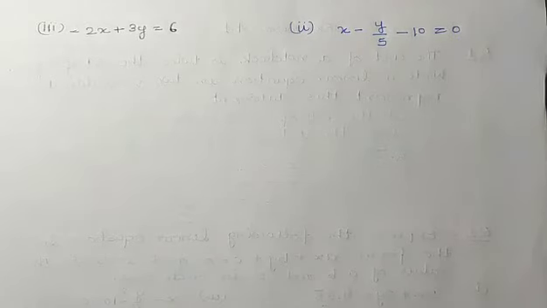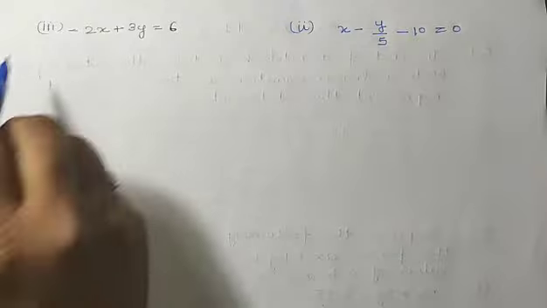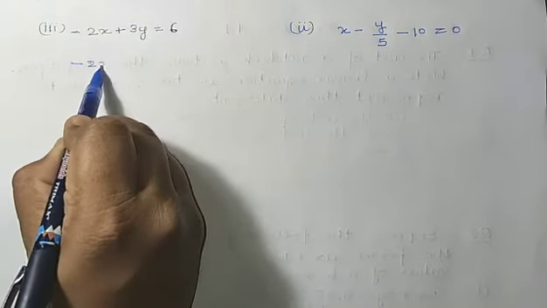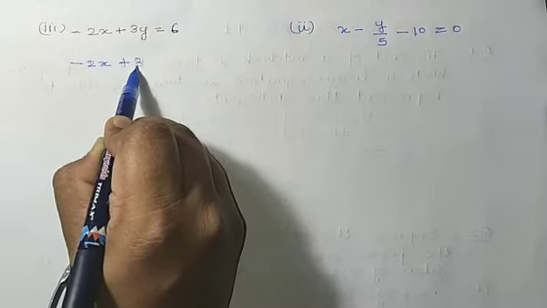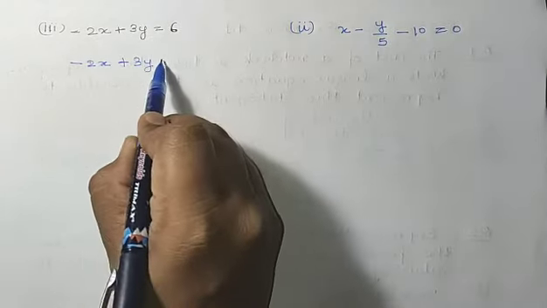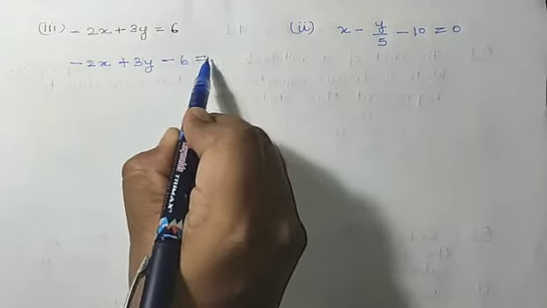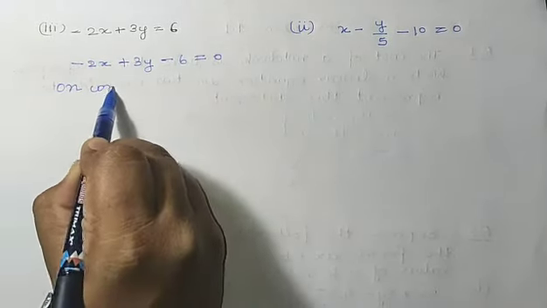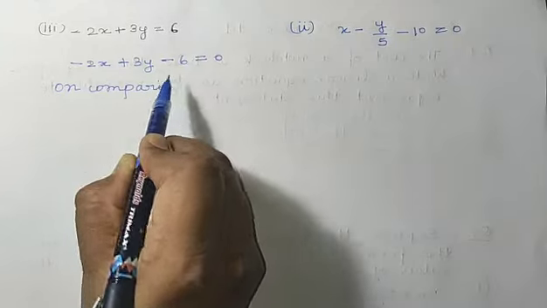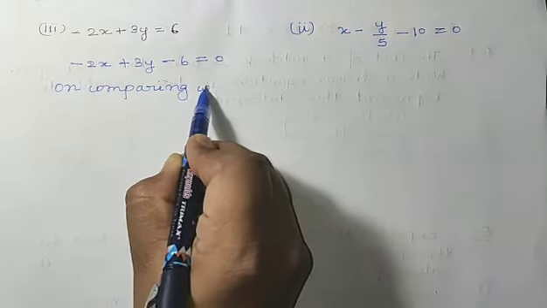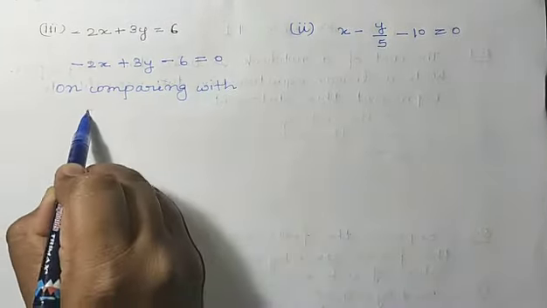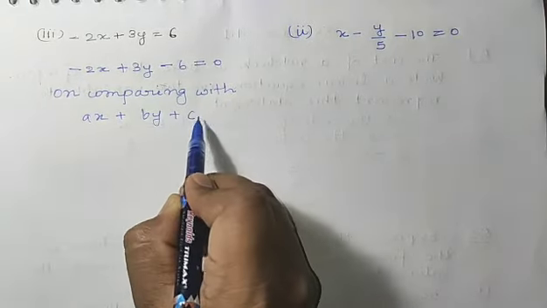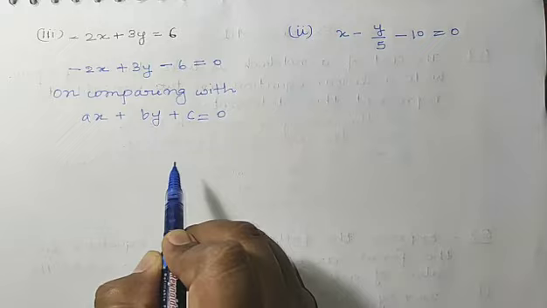Okay students, next part is minus 2x plus 3y is equal to 6. So again we will write it in the form ax plus by. Shift this 6, it will be minus 6 is equal to 0. Now we will compare on comparing with ax plus by plus c is equal to 0.